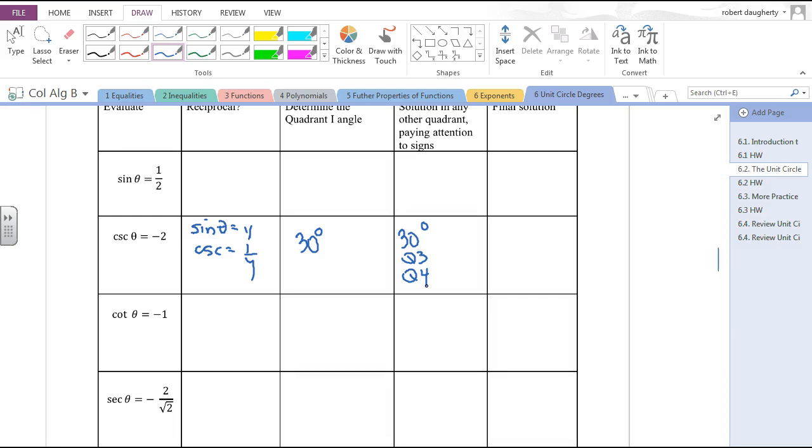So what's the final answer here? 1/2 was where we started, so now what angles make this true? That helps us draw the unit circle. What are 30-degree angles in quadrant 3 and quadrant 4?